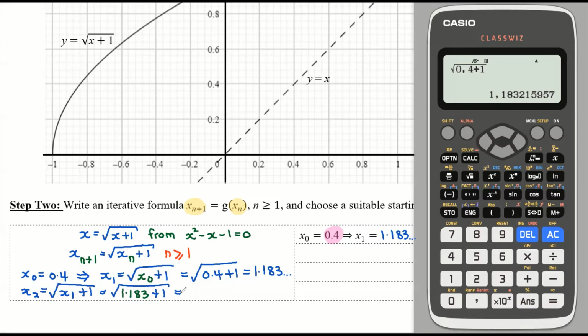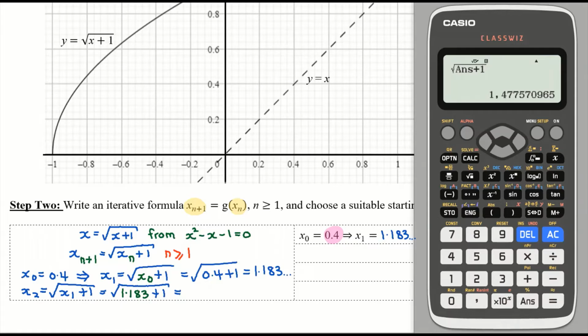So now that we have our x1, if I punch in the function again, I'm going to use the square root function, and then I'm going to use the answer key, okay, and then plus 1. Now, if I come out of that, that will generate x2 and then x3 and so on without doing any kind of clunky calculation. So if I press equals, that's going to be my next value.